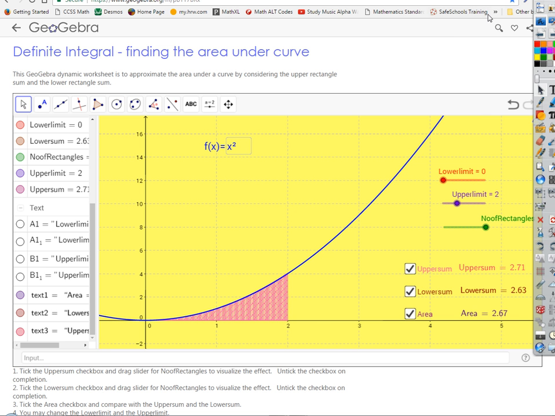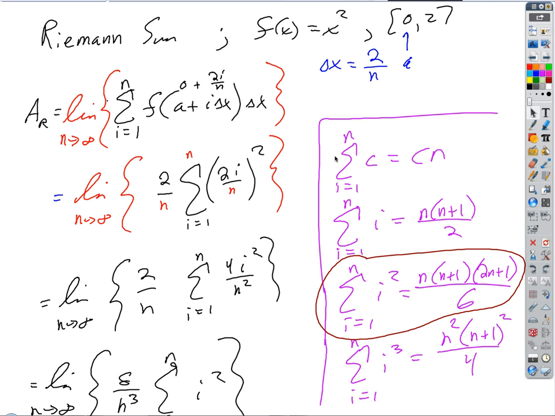And so we applied this strategy yesterday to the same problem. We took this function, so f of x was x squared, our interval was from 0 to 2, and we're going to let the number of intervals be n and take the limit as n approaches infinity. Delta x would then be the width of the interval divided by n, the number of rectangles.